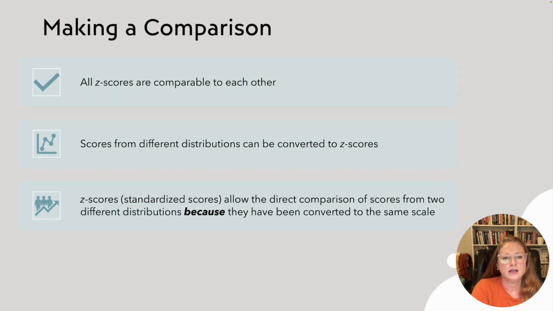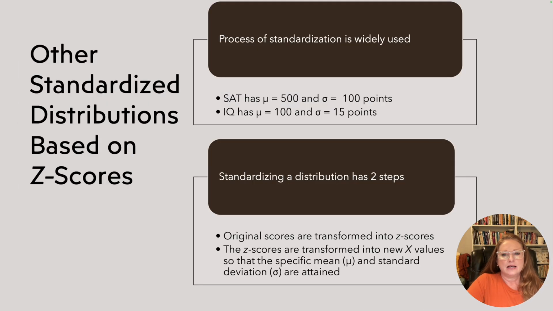Okay. Again, we do this because it makes comparing scores between classes, between groups of people, easier. It makes all scores comparable. Scores from different distributions can be converted to z-scores, and now these z-scores are considered standardized scores, which allows direct comparisons. The process of standardization is widely used in all disciplines, right?